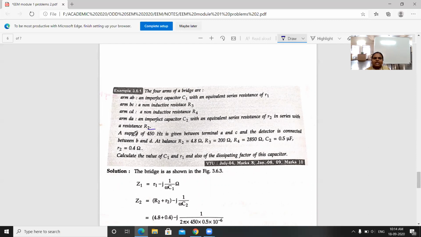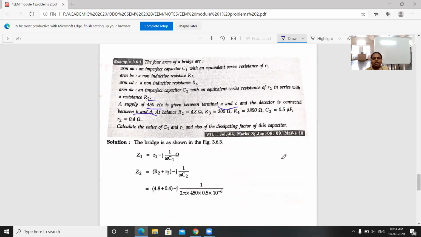A supply of 450 Hz is given between terminals A and C, and the detector is connected between B and D. At balance, R3 is taken as 200 ohm, R4 is taken as 2850 ohms, C2 is 0.5 microfarads, and R2 is taken as 0.4 ohms. Calculate the value of C1 and R1 and also the dissipation factor of this capacitor. This is the given problem.